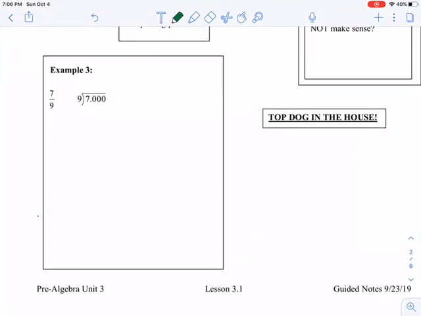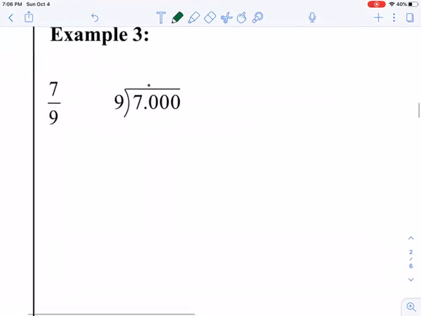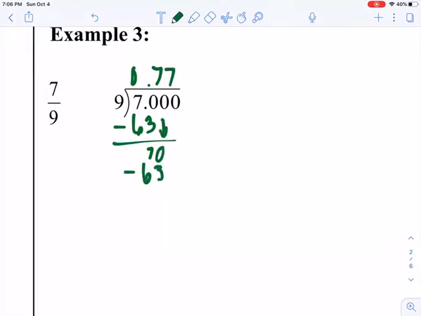If you look at example 3 here, 7/9, again, top number inside, and take your decimal straight up. 9 cannot go into 7, but 9 can go into 70 7 times. And you're going to notice here that it's going to repeat.